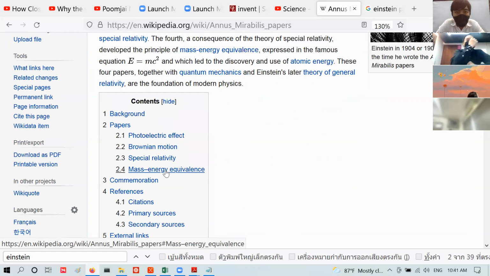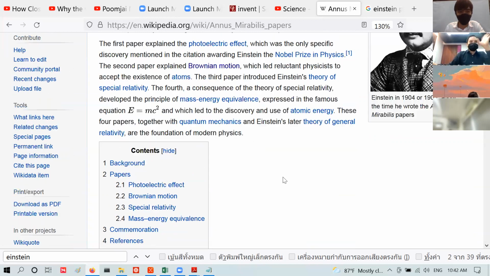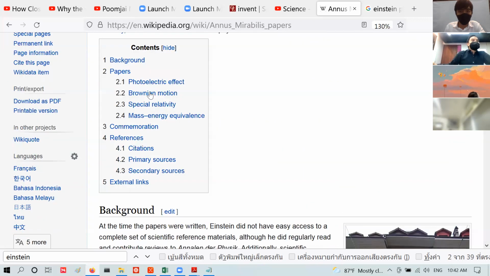That's a crazy year. By the way, do you know that Einstein won the Nobel Prize not for special relativity, but for the photoelectric effect? Because special relativity was a little hard to prove, and general relativity was also proved, but much later. The photoelectric effect is very important for quantum mechanics.